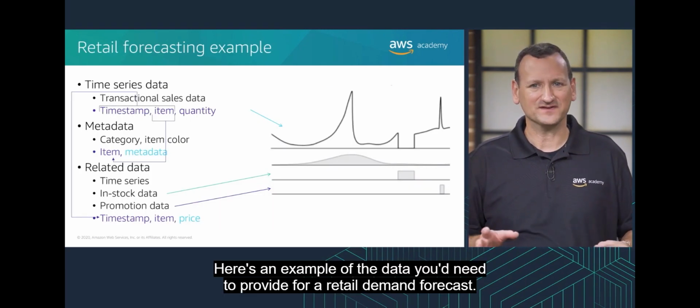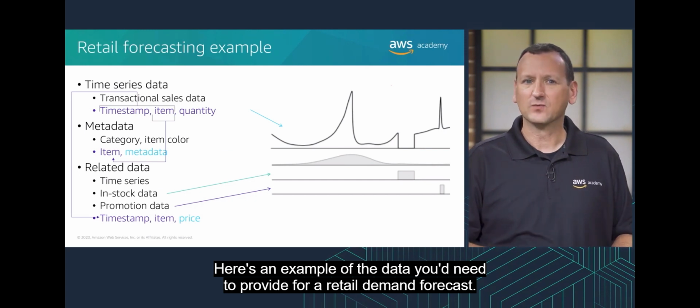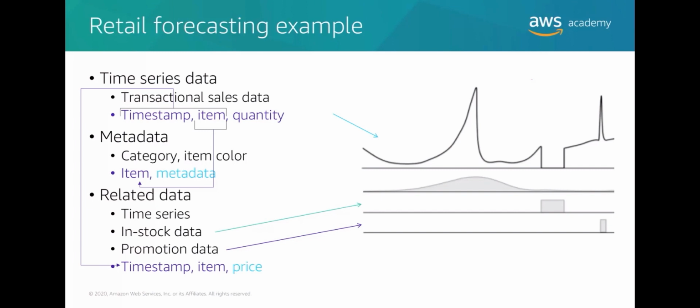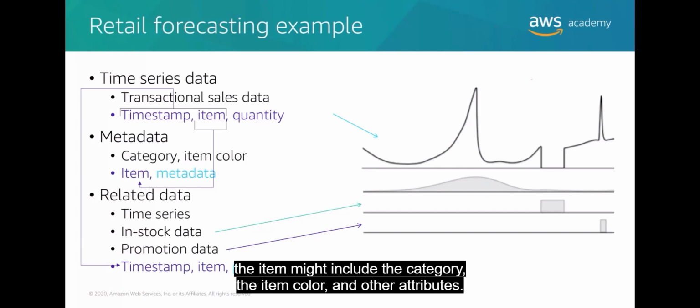Here's an example of the data you'd need to provide for a retail demand forecast. For the time series, you need the time when the transaction took place, ideally in UTC format, the item ID of the item, and how many items were sold. The metadata for the item might include the category, the item color, and other attributes.